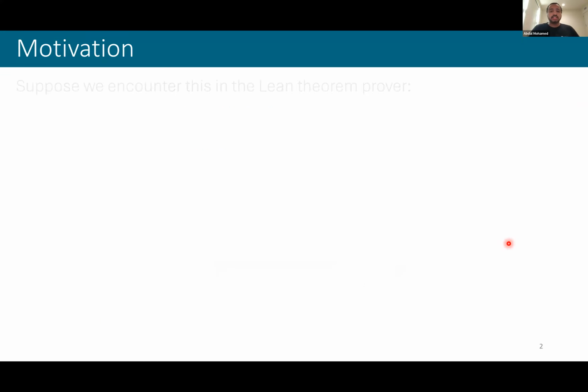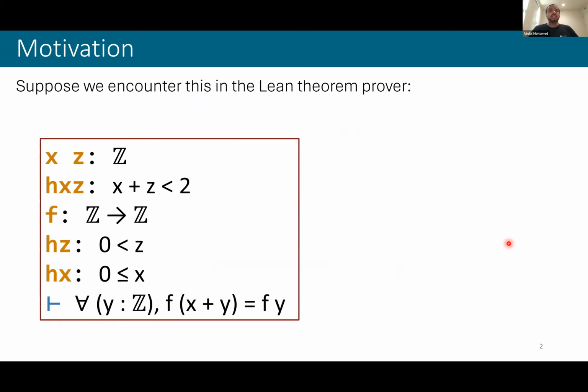So our motivation is the kind of problems that are not currently handled by the automation available in Lean. So let's say you have an example like this one here, where you have this goal that you want to prove, which is that f of x plus y is equal to f of y for all y.